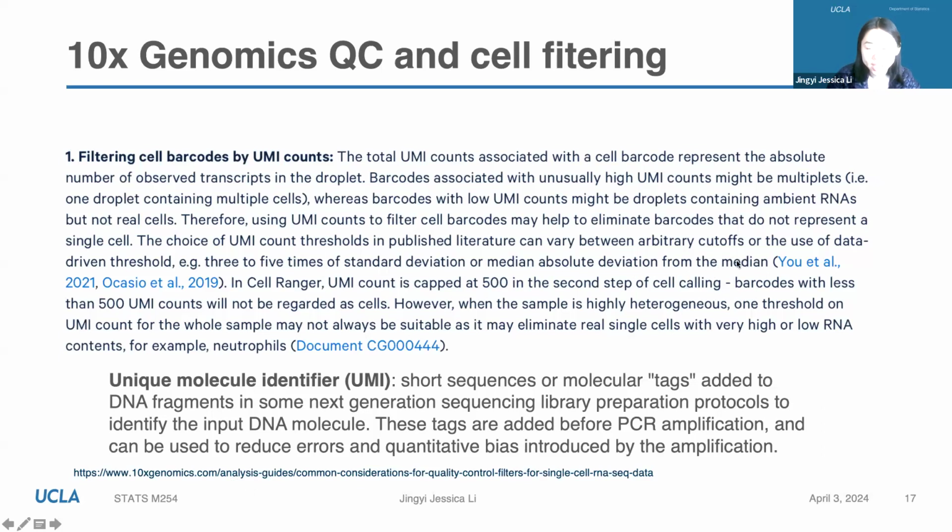First, you calculate the median UMI count across all cells. Then you consider how high is high, how low is low. You can compute the standard deviation of UMI counts across all cells. Then you consider median plus 3 times SD, standard deviation, or 5 times SD as the upper threshold.